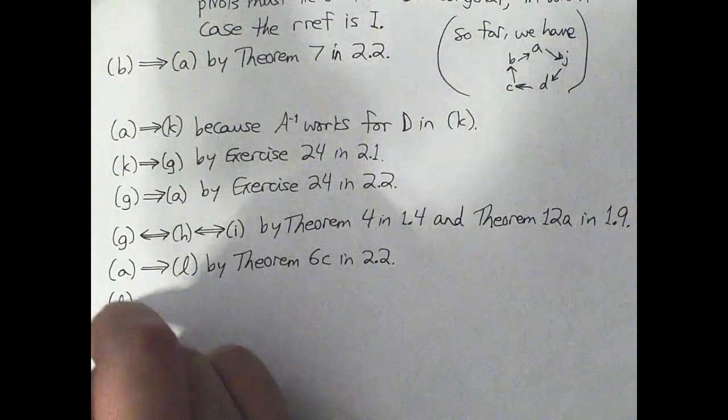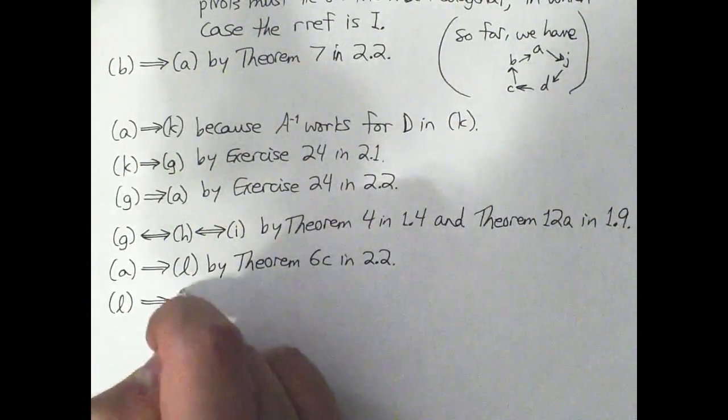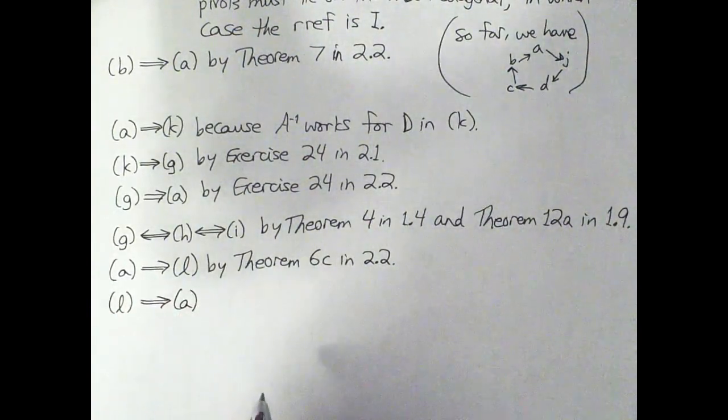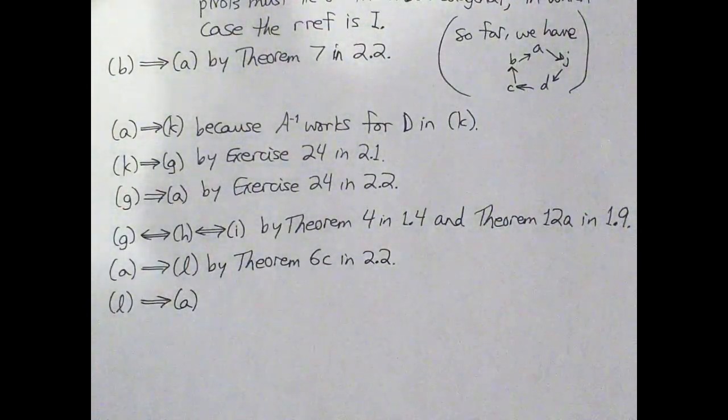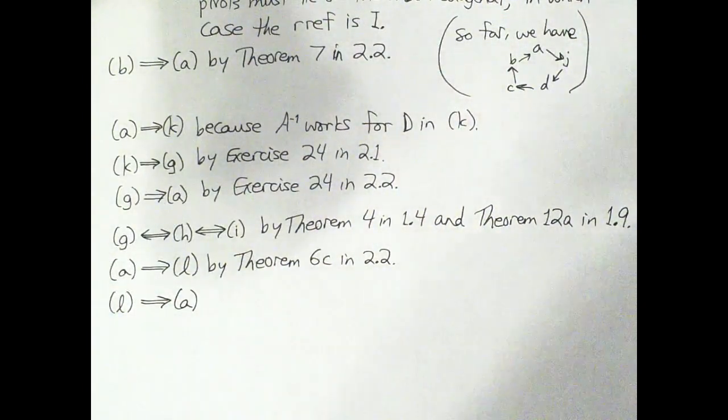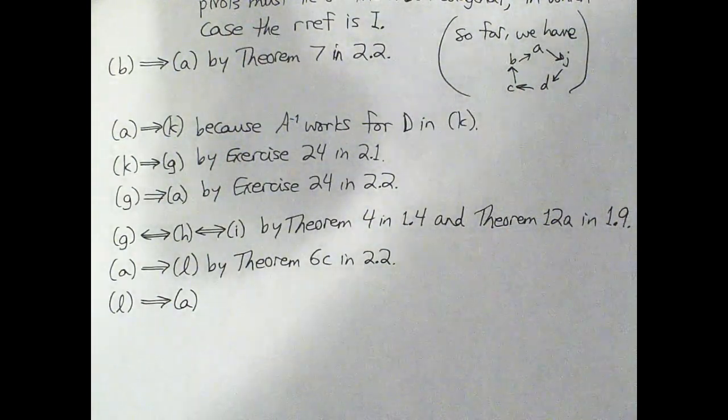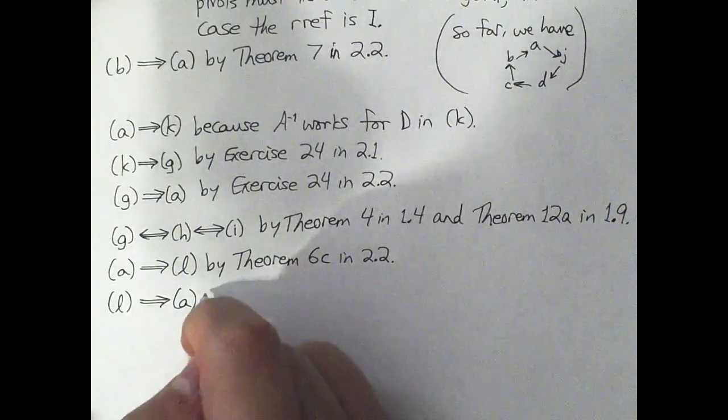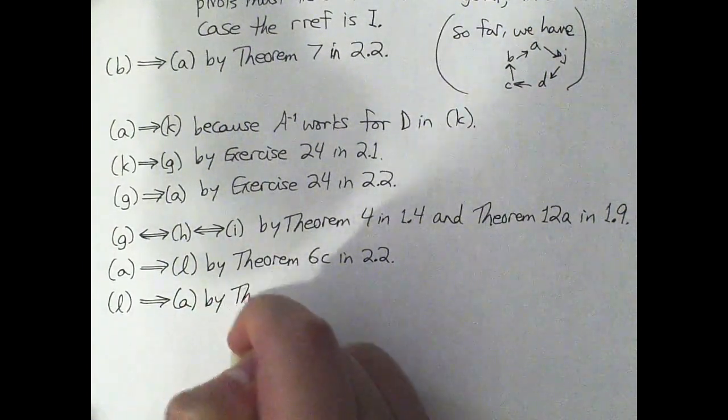How about the other way around? Why does L imply A? This is interesting. If A transpose is invertible, why does that imply that A must be invertible? Would you believe that this is also by the same theorem?